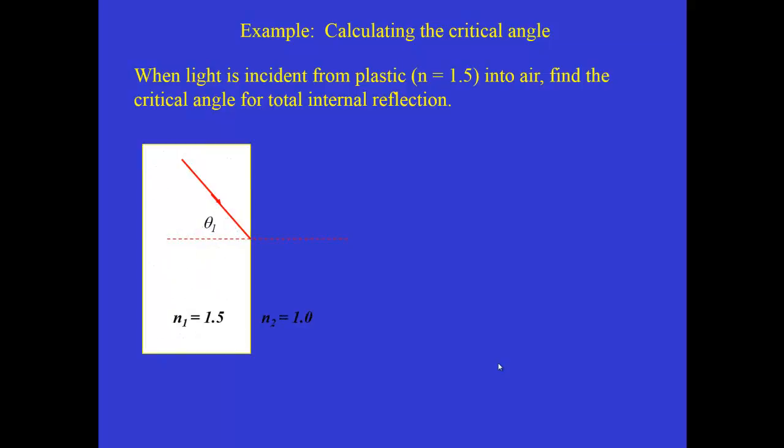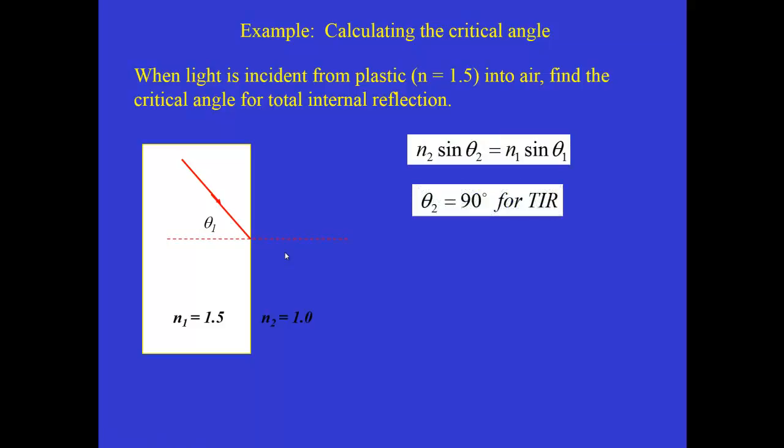So let's imagine that we have a light source where the beam of light is inside a piece of plastic and it has an index of refraction 1.5 and an incident angle theta 1. We just showed that if theta 1 gets larger and larger, eventually the angle in medium 2 will become 90. And if medium 2 is a vacuum, or if it's air, which has an index of refraction pretty close to that of vacuum, we can calculate the critical angle.